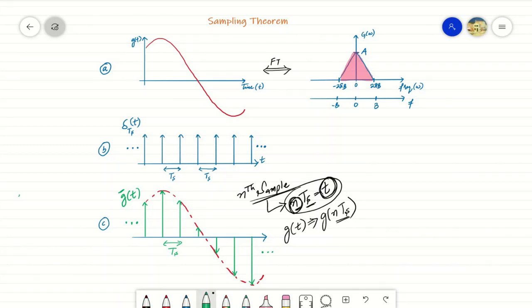That is, we can obtain g bar of t by multiplying g(t) with a train of impulses that we have referred to here by delta with subscript Ts as a function of time t. As this impulse train signal is a periodic signal of period Ts, as it is repeating after every Ts seconds, it can be expressed as a Fourier series.